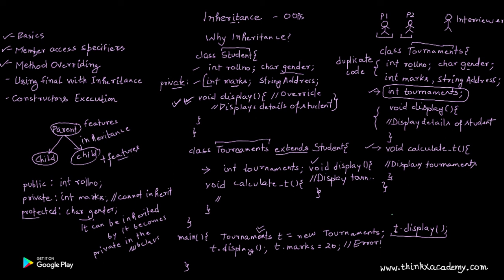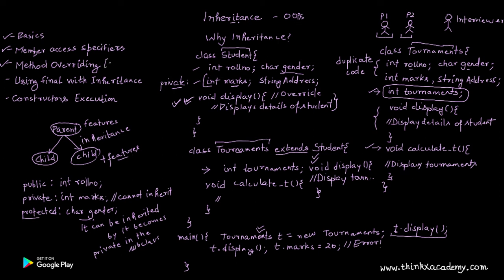You can see that the tournaments class has object T, and whenever I use the dot display function, it is not going to take this display function into consideration. It is going to override this and call the one in the subclass. So this is known as method overriding, and it is a runtime polymorphism.